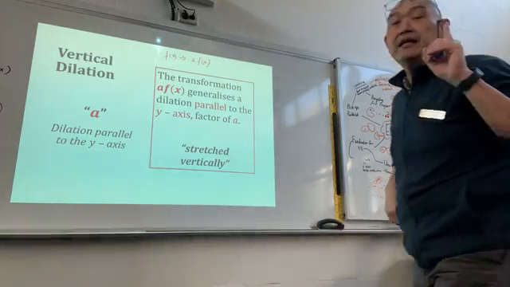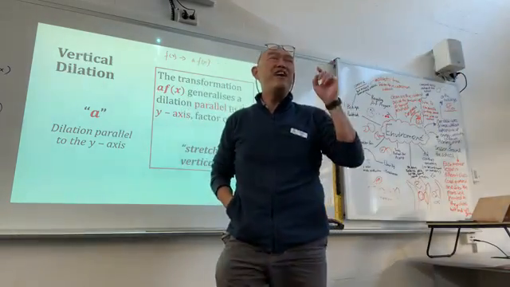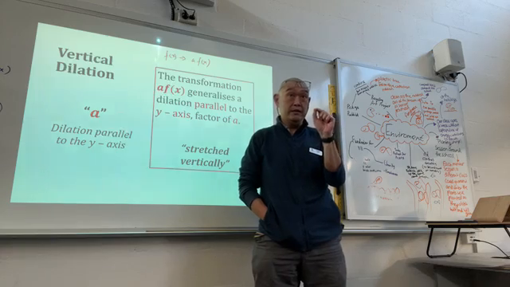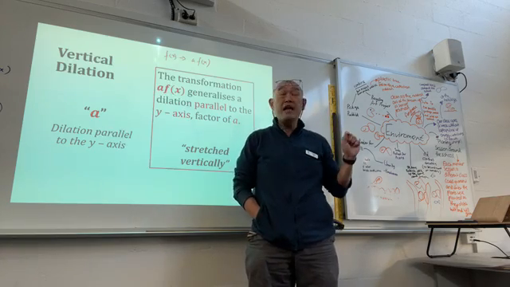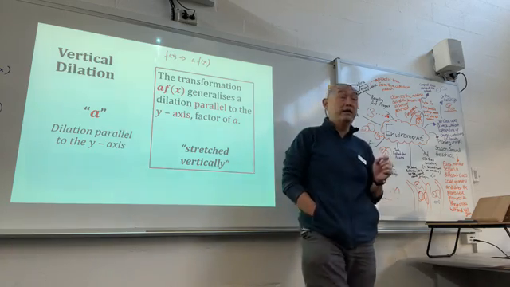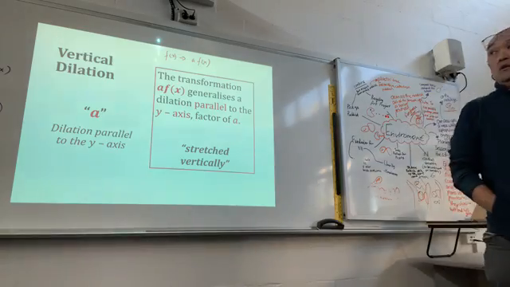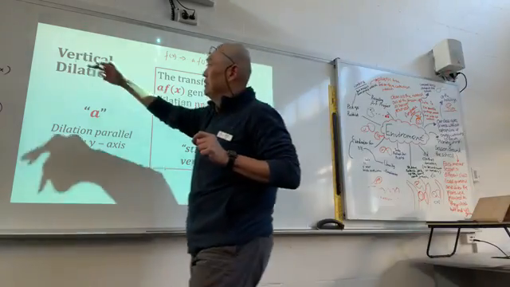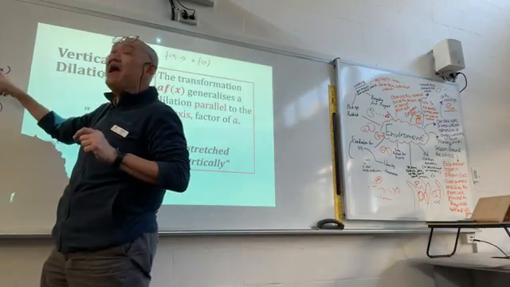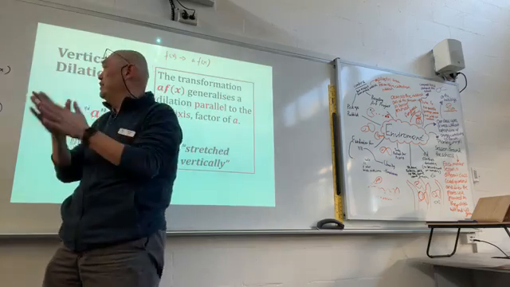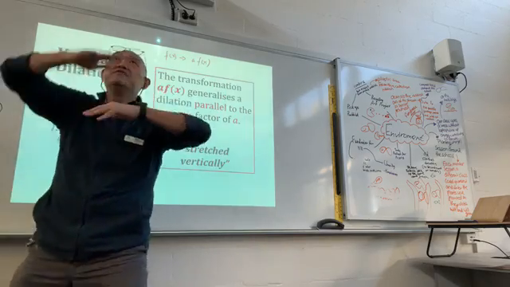If it is stretched vertically, it only affects the y-coordinates. All right? Not the x-coordinates, only the y-coordinates. So what you have learned is f(bx) is horizontal dilation, A f(x) is vertical.